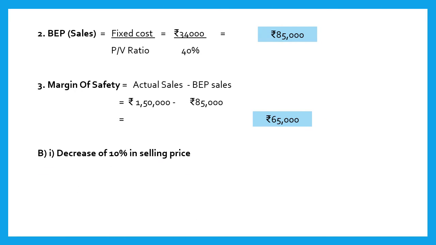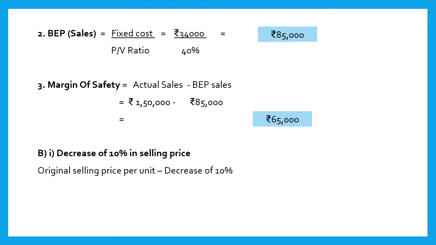After that, the second instance, that is a decrease of 10% in selling price. In this case we need to calculate PV ratio, BEP sales and margin of safety by reducing the selling price by 10%. So how will we calculate this?